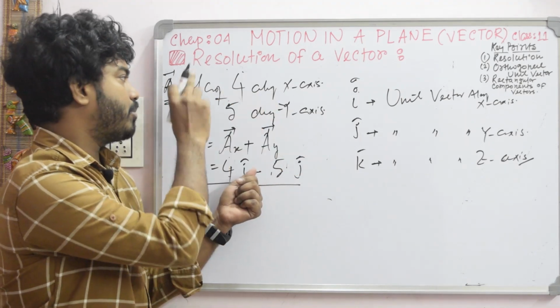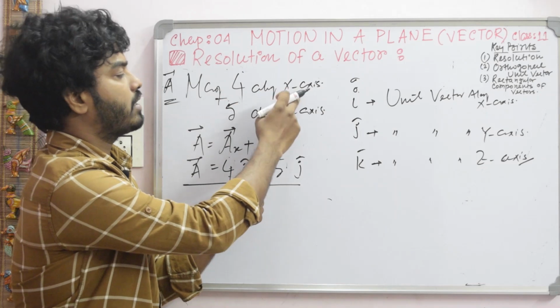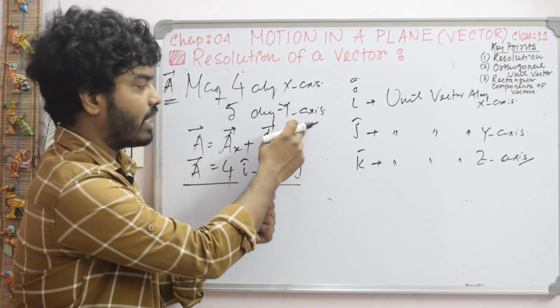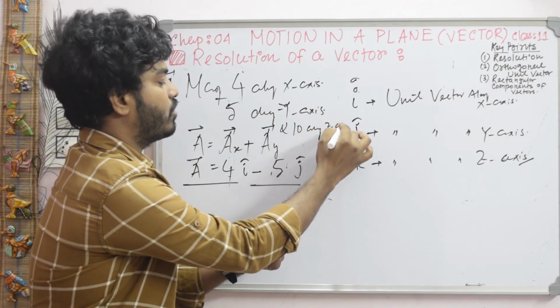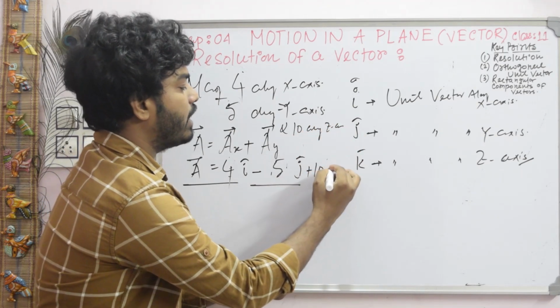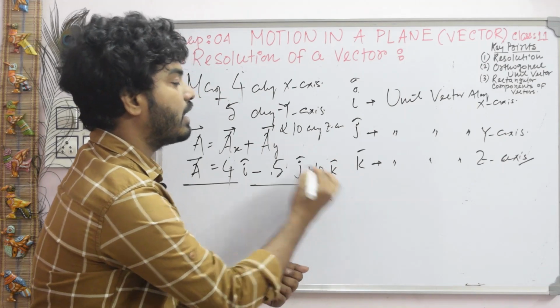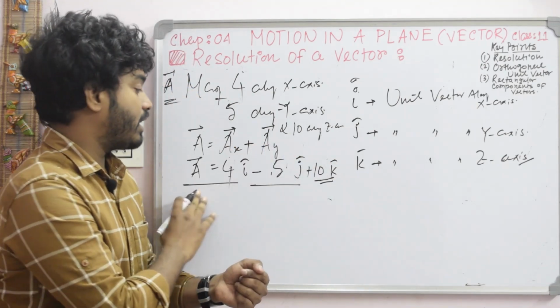Take another example. Suppose this vector has magnitude 4 along the x-axis, magnitude 5 along the minus y-axis and magnitude 10 along the z-axis. So this will be plus 10 k cap along the z-axis. So this is our general expression.